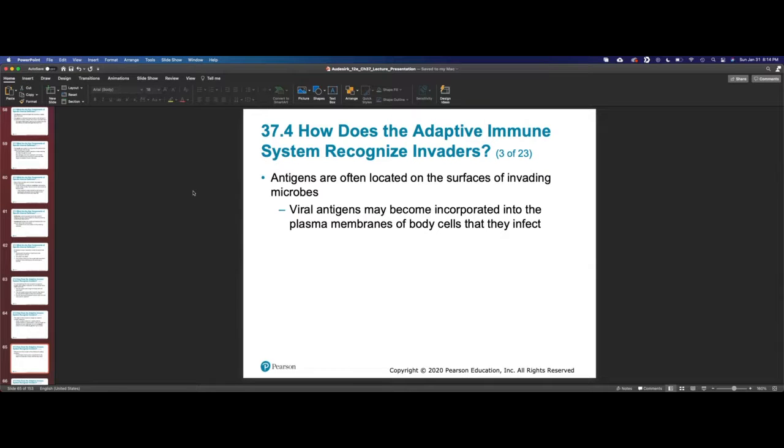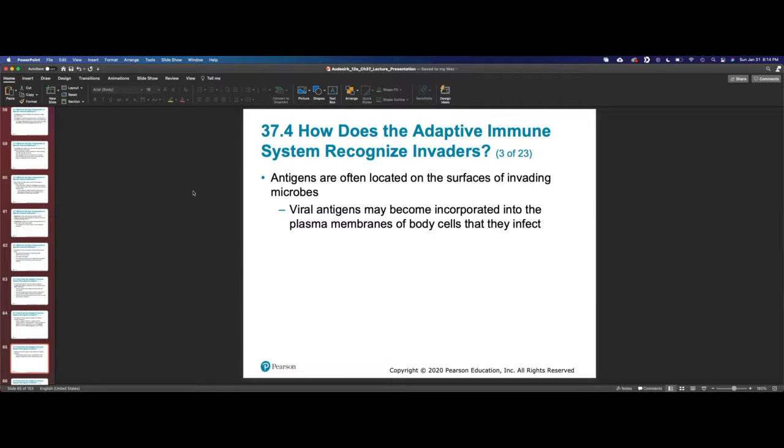It's interesting because it's not only bacteria and fungi that have antigens, but actually viruses too, because once a virus enters a cell, it's kind of hidden from any part of the immune system that just patrols the blood.